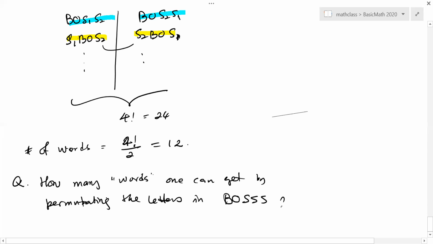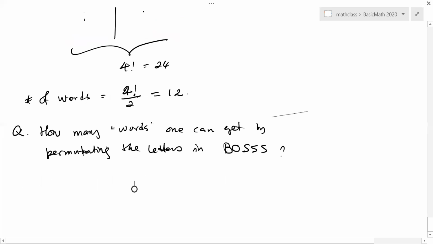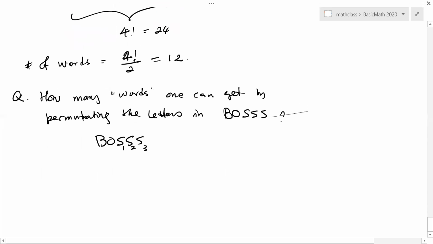Now they have 3 identical letters. So what I'm going to do is label those 3 letters. You still get 1, 2, 3, 4, 5 letters. If they are all different, you have 5 factorial different words.